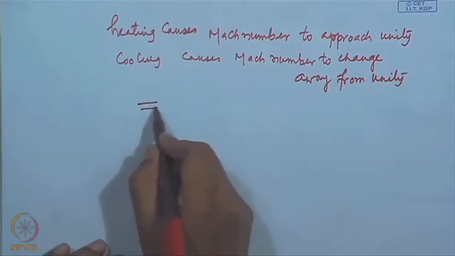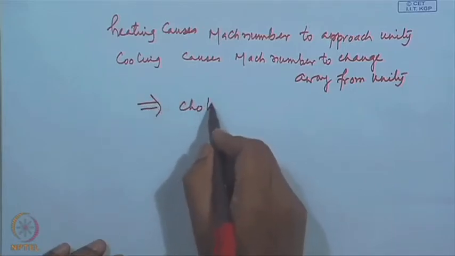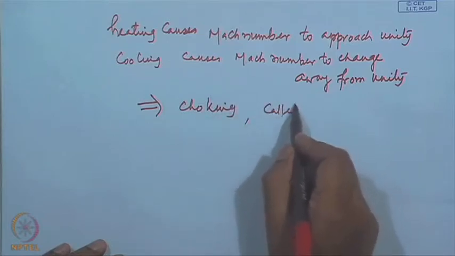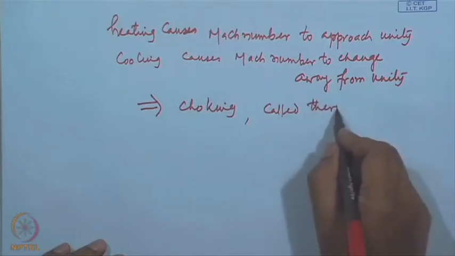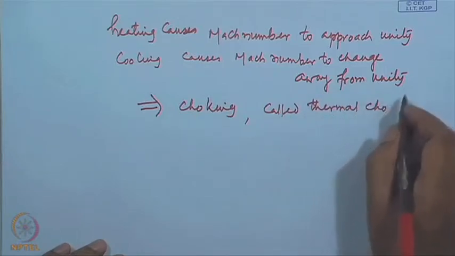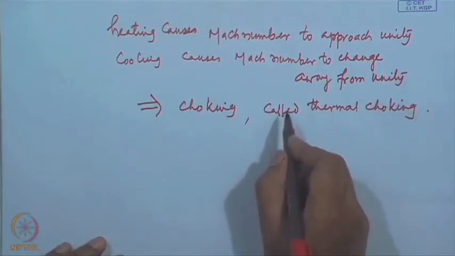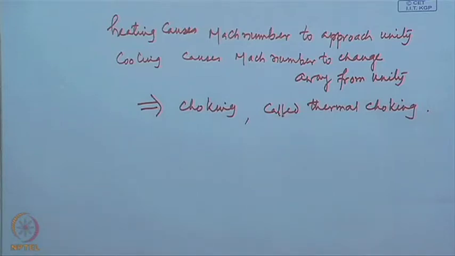So, we have a choking process here. That is, if we have a given duct and we have a specified amount of mass flow and impulse function, then there is a maximum amount of heat that can be added to the flow such that at the exit the flow Mach number becomes unity.